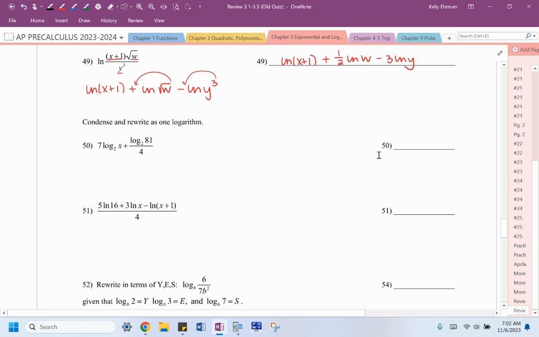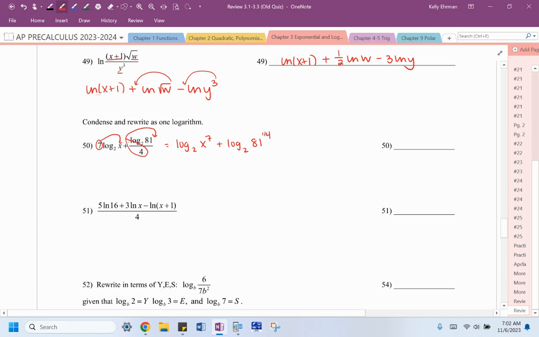Going the other way, to condense, move numbers that are in front of the log, which this is a 1/4 in front of your log. Move those to become exponents. So we have the log base 2 of x to the 7th plus the log base 2 of 81 to the 1/4.